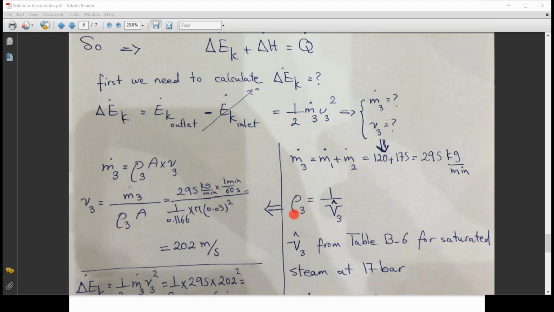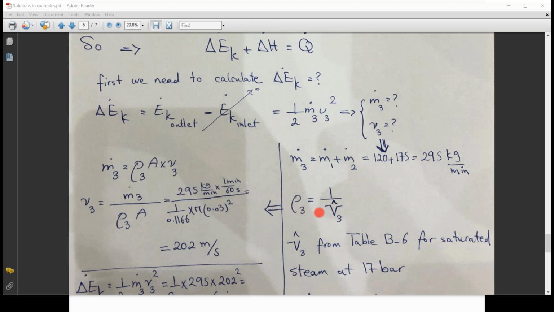As you remember, to be able to calculate rho, you can use the specification that you have in a steam table, because density is the reverse form of a specific volume that we can find in a steam table. So as long as you can find a specific volume, you can reverse it and calculate the density. How can we calculate?